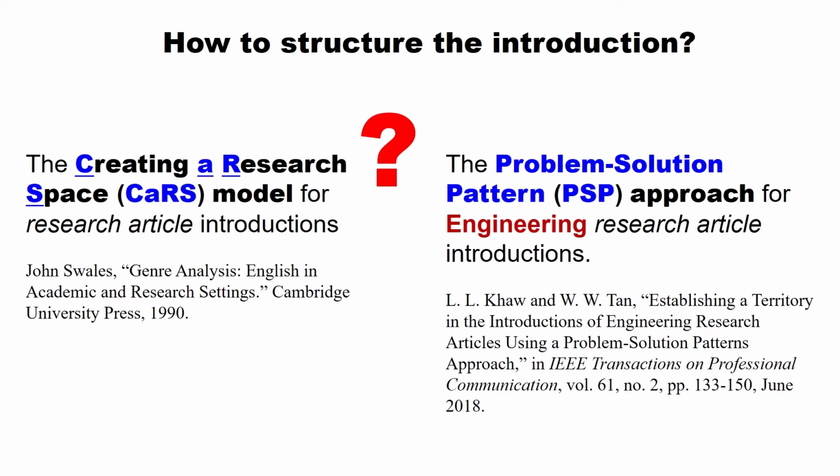Using the CARS model as a starting point and emphasizing a problem-solution approach, our materials have adapted the CARS model to include a 4th move that reflects the nature of engineering in seeking new solutions to problems. I call this 4th move proposing a new approach. Let's now take a look at the model for structuring the introduction chapter in an engineering master's thesis.